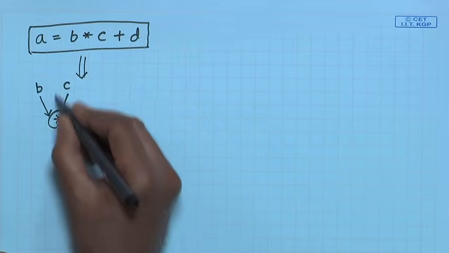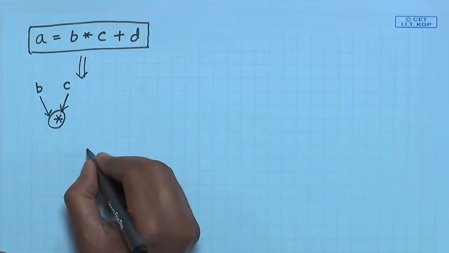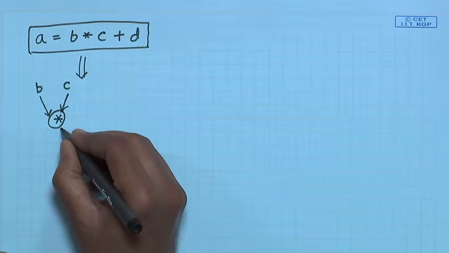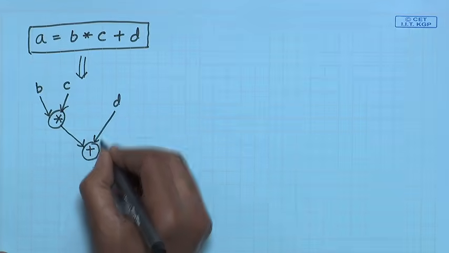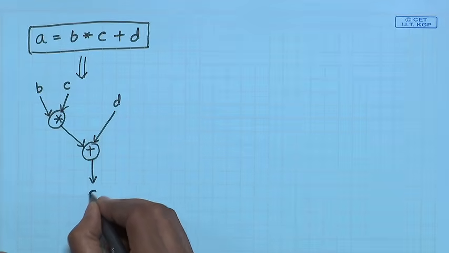The multiplication is carried out with B and C as the inputs, and there will be another addition step where this will come and also D will come, and finally you get A.